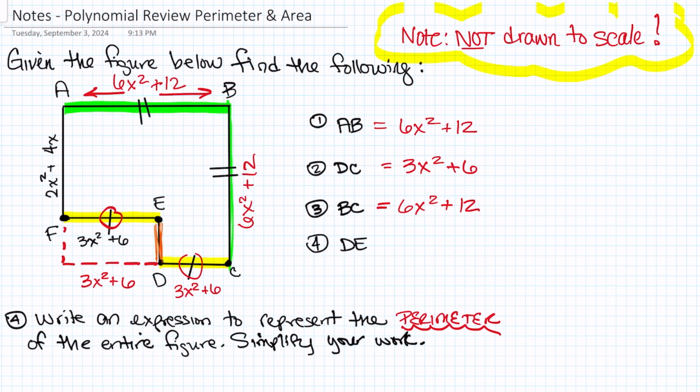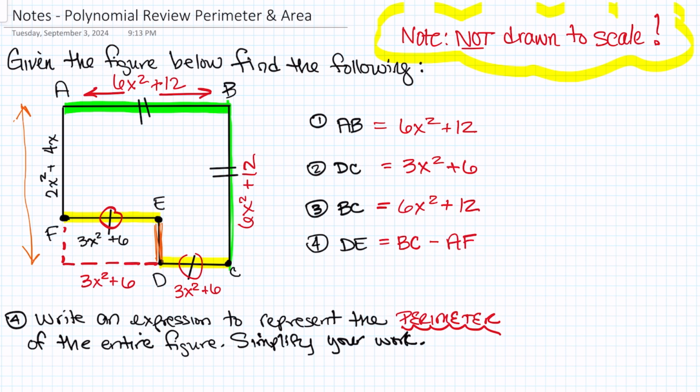Similarly to how we found AB, we know that this side over here is equal to 6x squared plus 12, and DE is going to be the part that's remaining after we subtract out, oops, if we can take BC and subtract AF, so let's write that here. DE would be equal to BC minus AF.